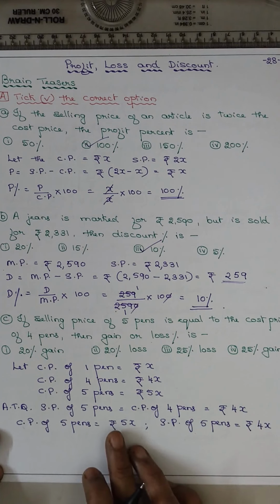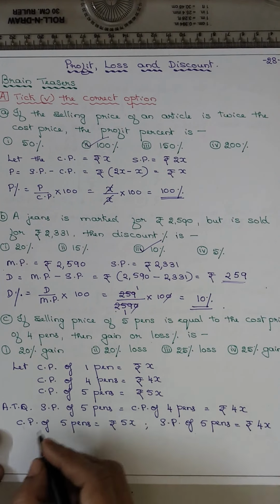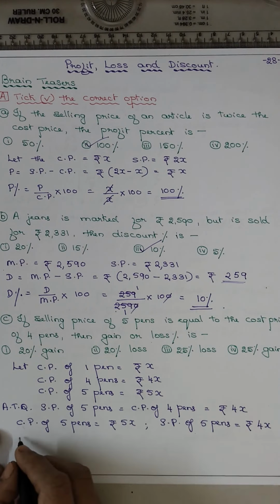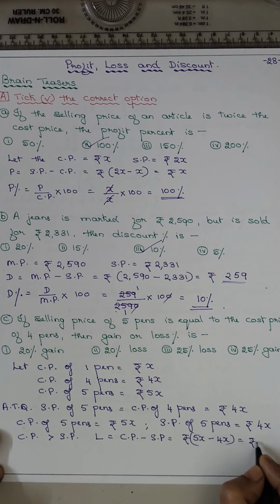Now, which is greater? 5x is greater than 4x, means CP is greater than SP. So, you got loss is equal to CP minus SP. It is rupees 5x minus 4x, that is rupees x.